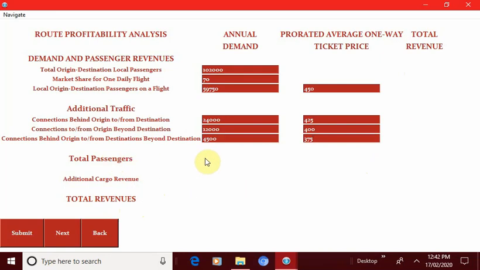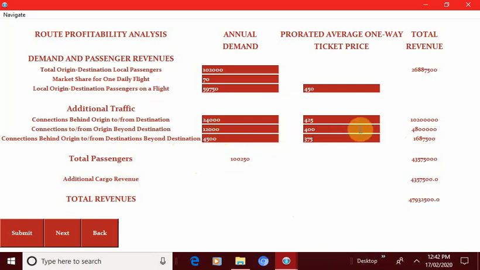And here we'll get the total number of passengers who had traveled for this particular route, including local passengers and the additional traffic. So when we click the submit button, the calculations are done. This way the number of passengers that traveled in that particular year 2019, and this was the revenue for the additional traffic.